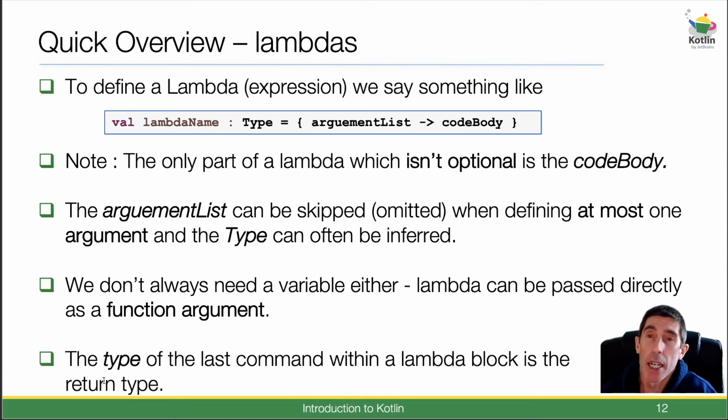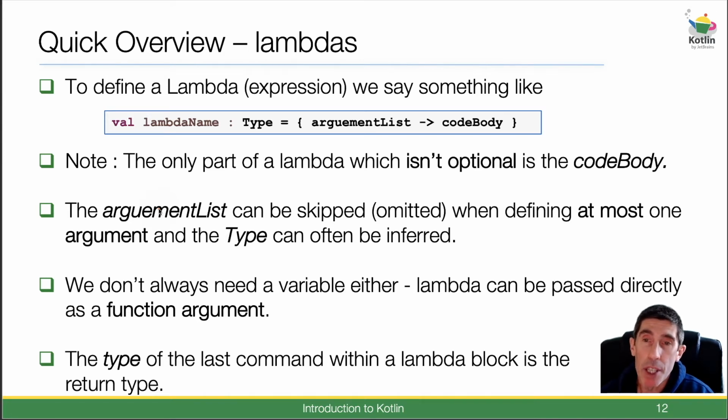To define a lambda expression, so to continue on our little discussion on lambdas, we can say something like the following. Okay, so up here, this is our kind of generic description or declaration of a lambda. So we can say val, give it a lambda name, give it a type, is assigned, and there's our expression, the argument list, and then our code body.